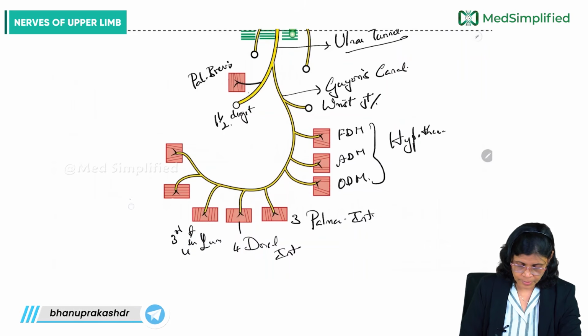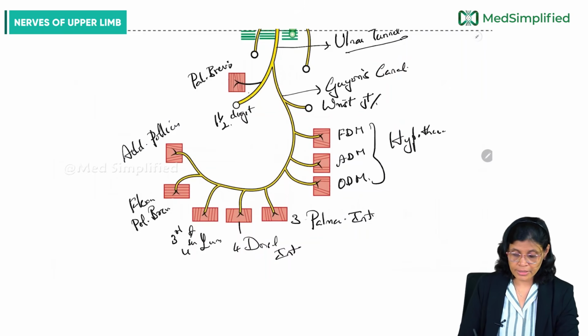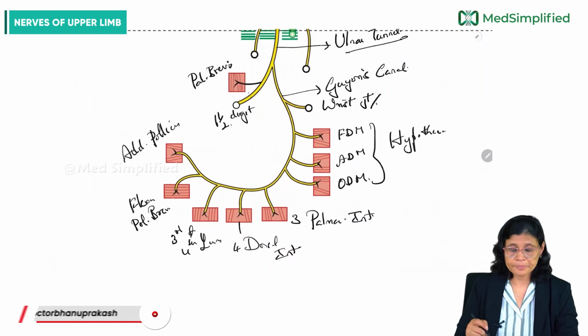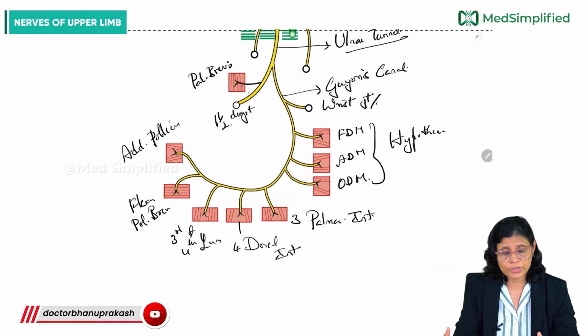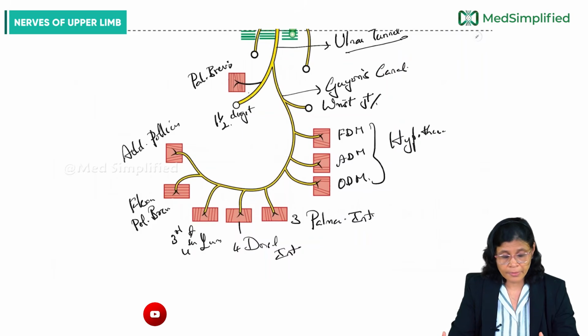Sometimes it also supplies the flexor pollicis brevis and adductor pollicis. So these are the muscles supplied by the ulnar nerve. If you see, mainly all the intrinsic muscles, except for the thenar and the 1st and 2nd lumbricals, are all supplied by the ulnar nerve.